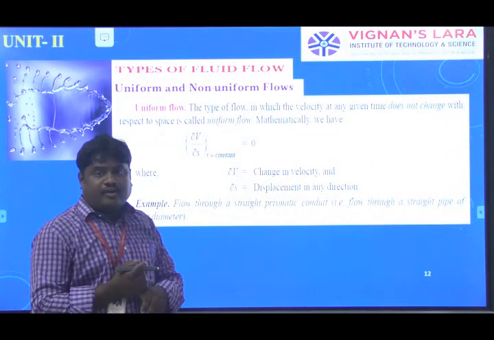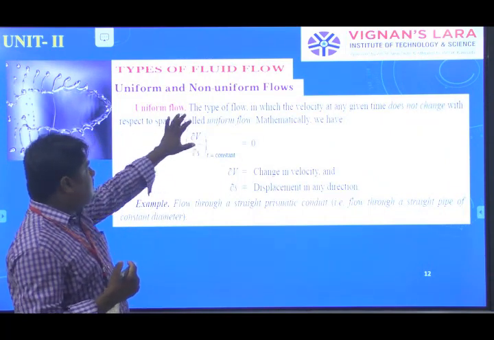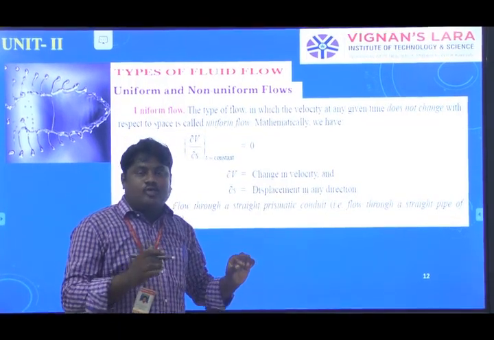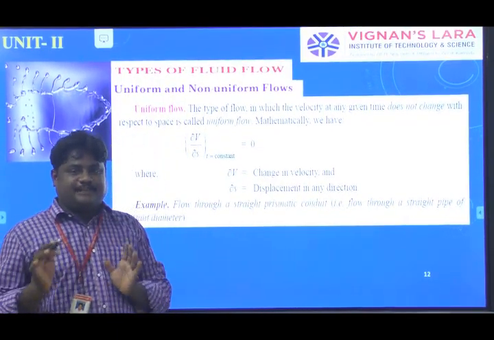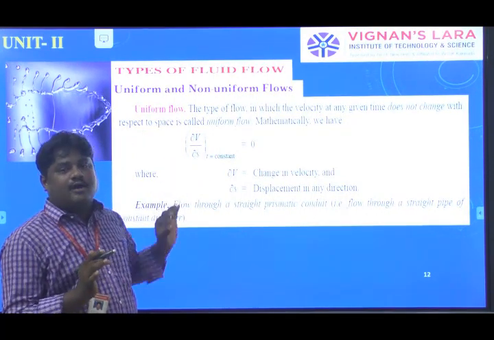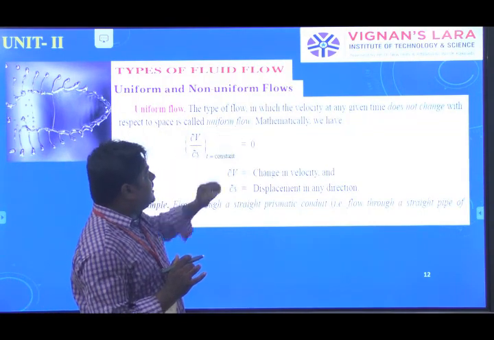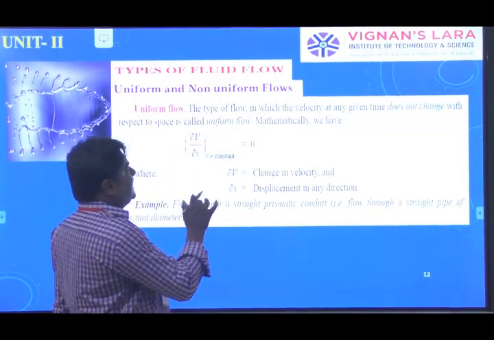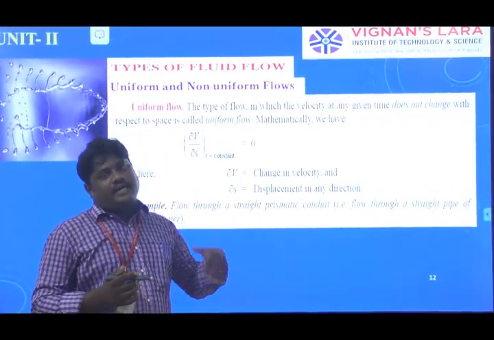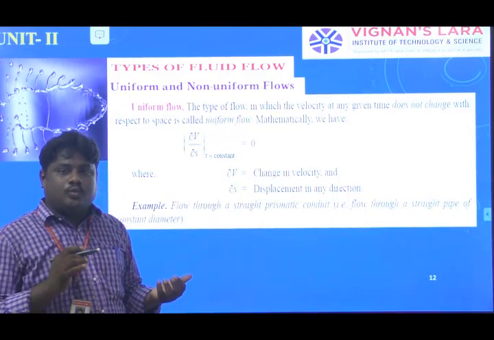And now uniform and non-uniform flow. Here I want to discuss the uniform flow, the type of flow in which the velocity at any point does not change with respect to displacement. So this flow is called uniform flow. The velocity at a given time, at a point or different points, does not change with respect to displacement.